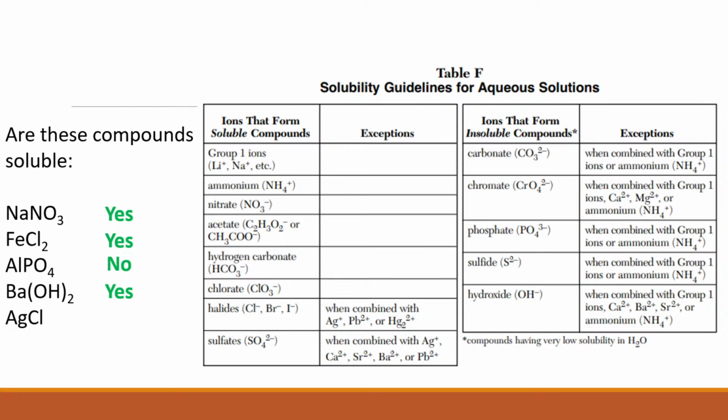This is another insoluble compound. Even though chloride is normally soluble, silver is one of the exceptions, which means it does the opposite of what it would normally do.